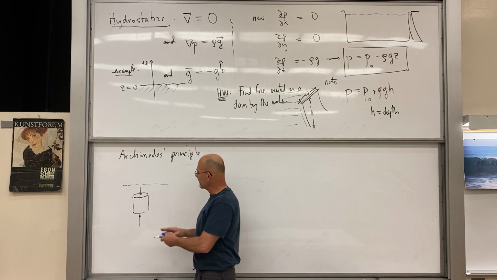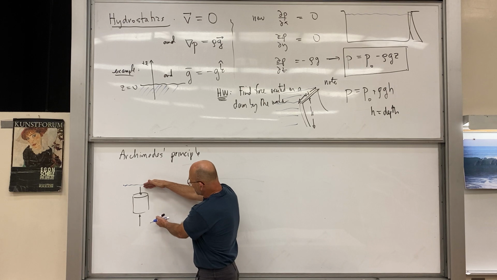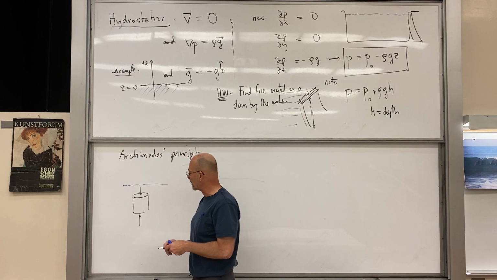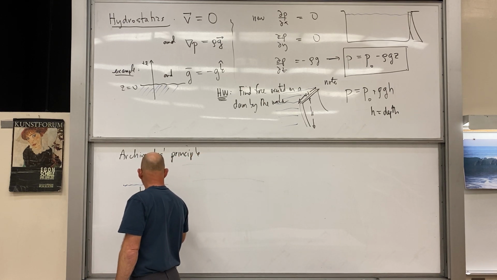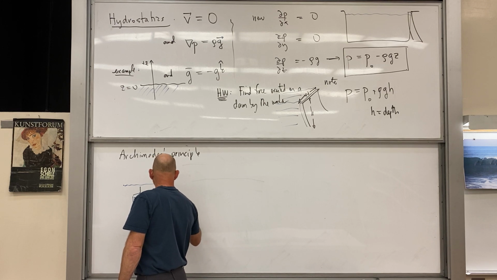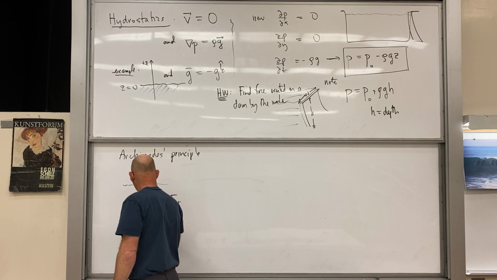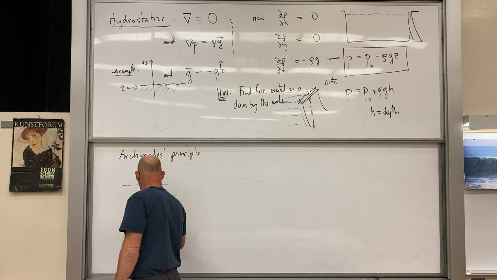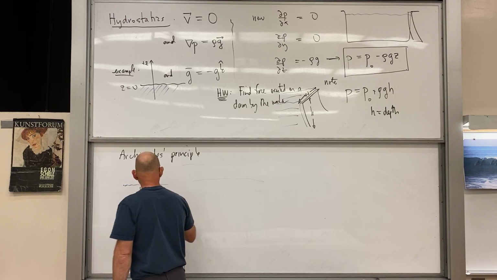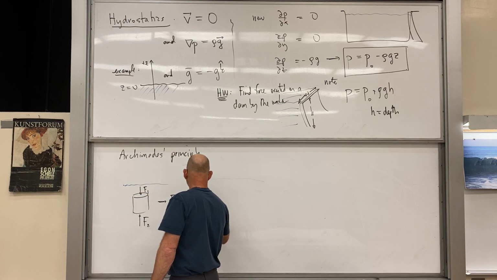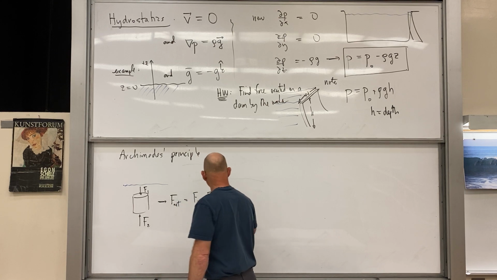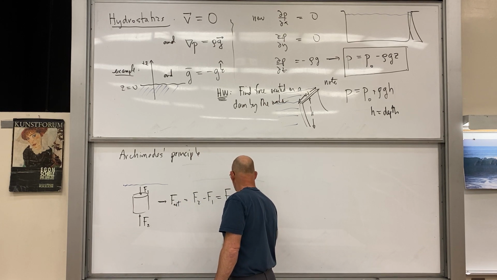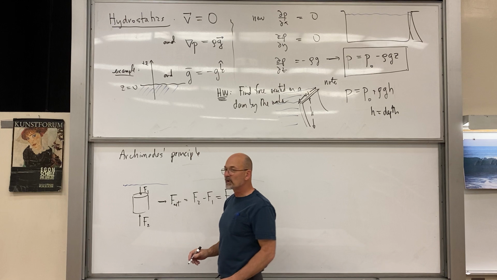And that net force, the difference of these two vectors, is going to give you your buoyancy force. So F net, I'll just say F2 minus F1 equals F buoyancy. So that's where it comes from.